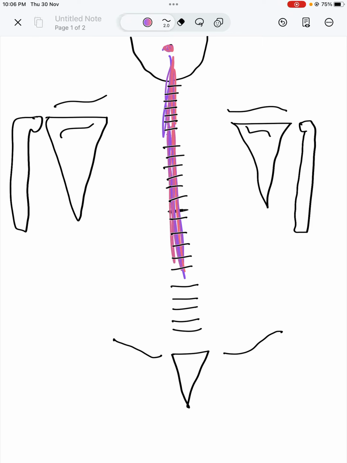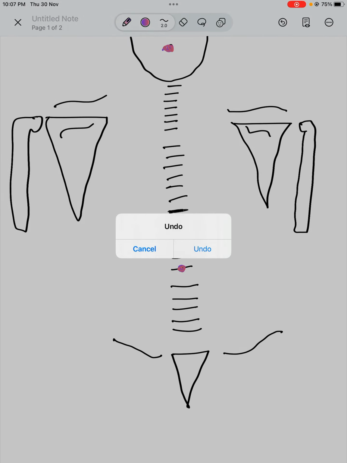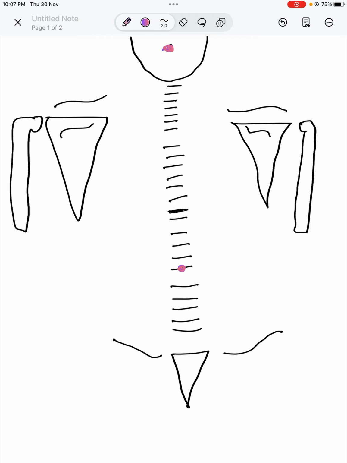But we don't need all this. We are just going to take the superior-most point and the inferior-most point. The inferior-most point will be the supraspinous ligament of the 12th thoracic vertebra. Since it is a supraspinous ligament, we are just going to take it as the spinous process of the thoracic vertebra, T12.